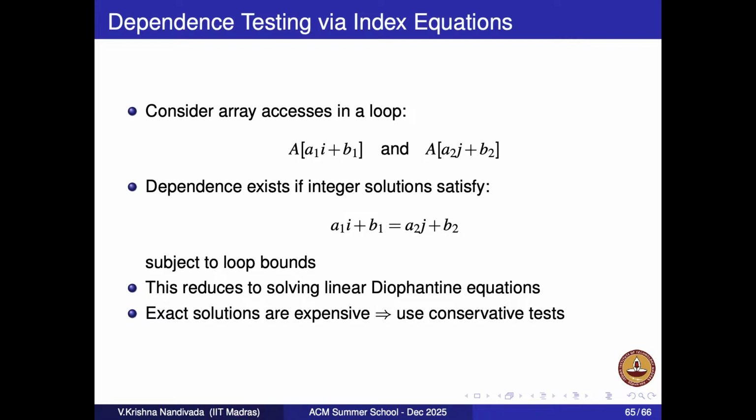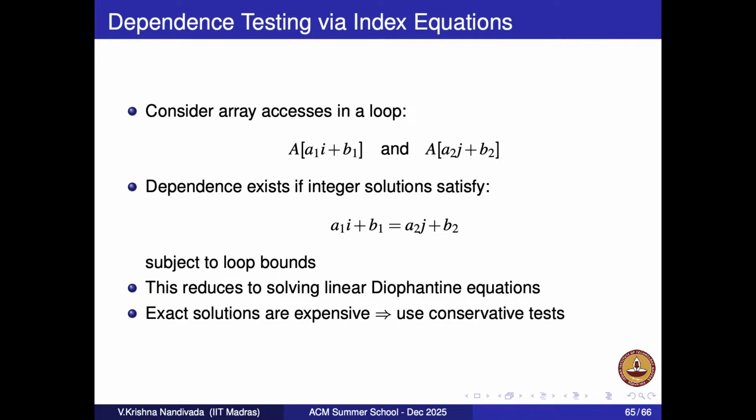Okay. Now I am asking, is there dependence between these two? That is, does there exist an iteration in which I write to an element which is accessed in some other iteration, the same element being accessed in another iteration?